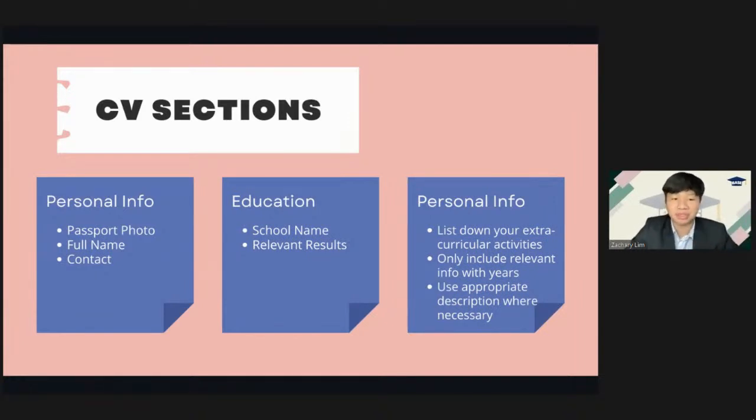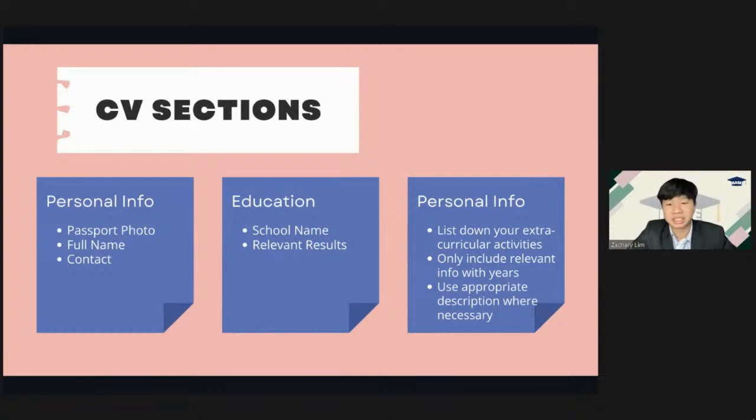When people do their CVs, they have this 5-year rule. So in this 5-year rule, you just list down whatever you've done in the past 5 years, and anything beyond that 5-year period, you do not include. So that applies for your relevant results as well. Don't include your UPSR results. It's not really relevant. Just include your PT3 and definitely your SPM results.